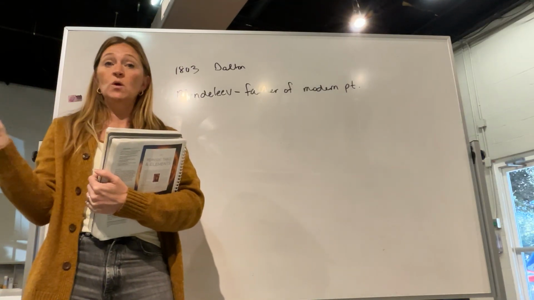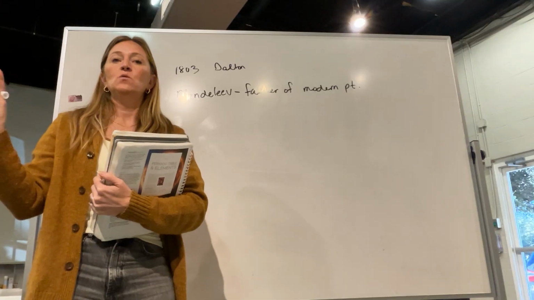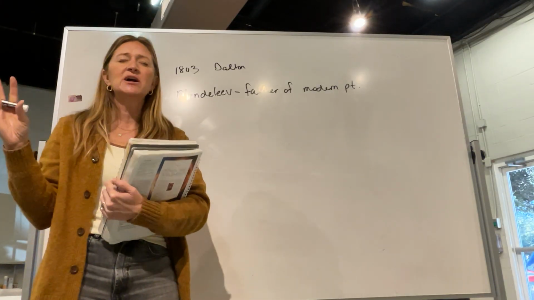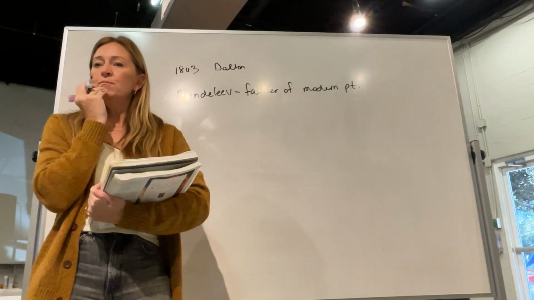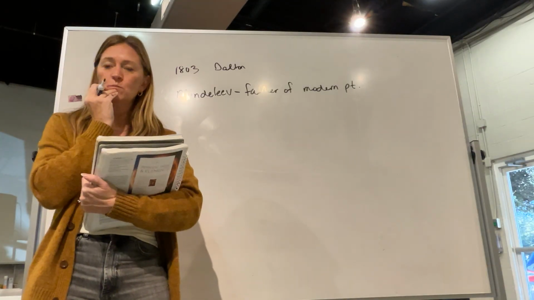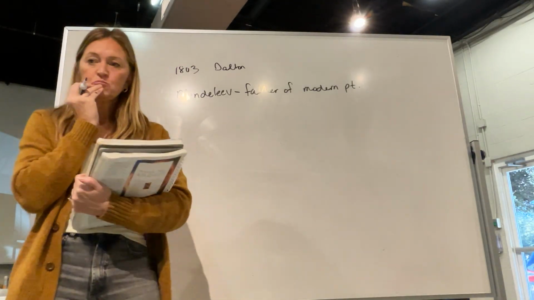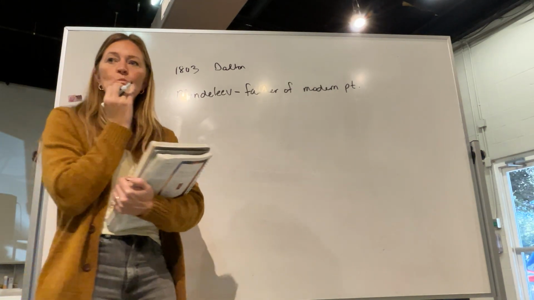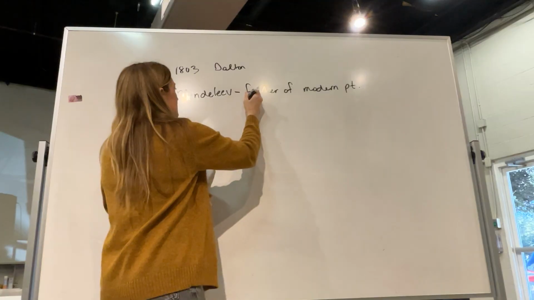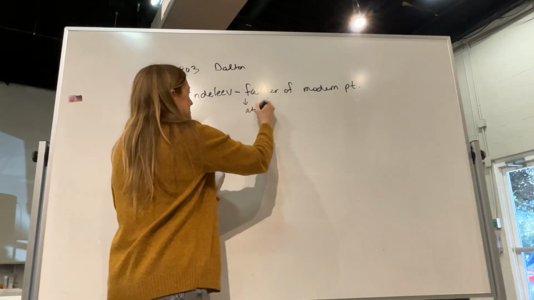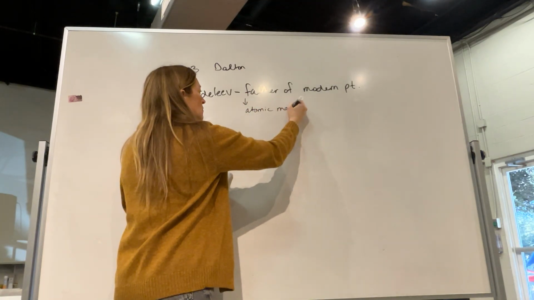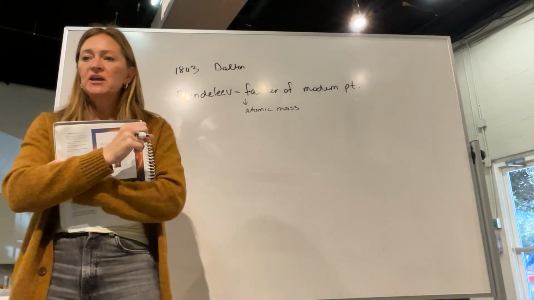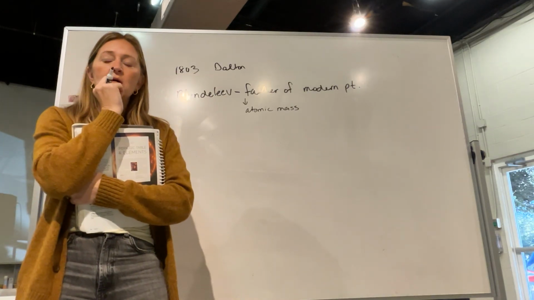Definitely not what we have today, but the elements that he did have, which I think was about 40 at the time, how did he categorize them? Remember? He was categorizing them by atomic mass.